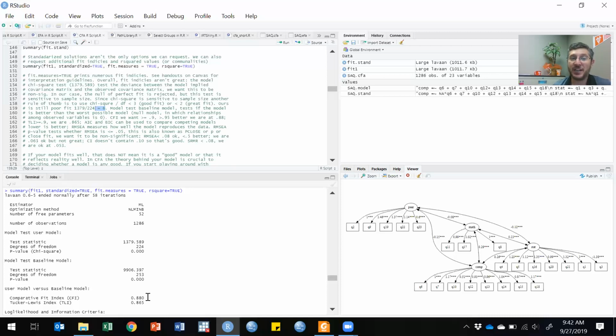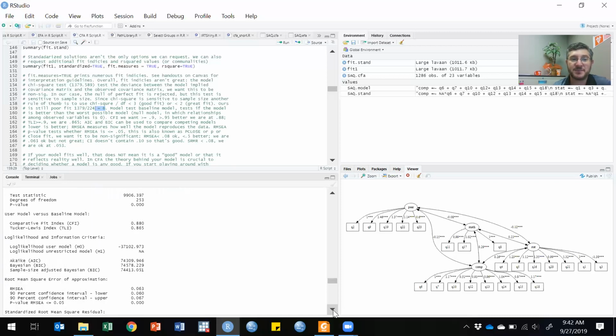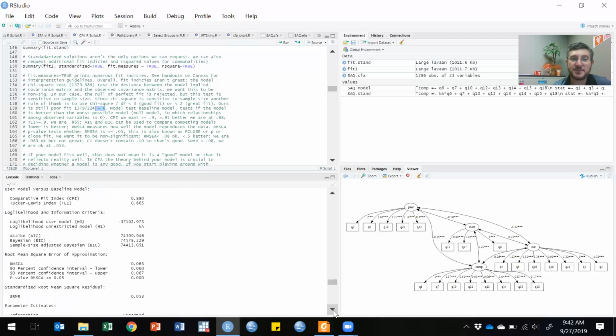We're at 0.88 and 0.86, so it's not all that great. The AIC and BIC are really used to compare different models. We can compare nested and non-nested models with both the AIC and the BIC.